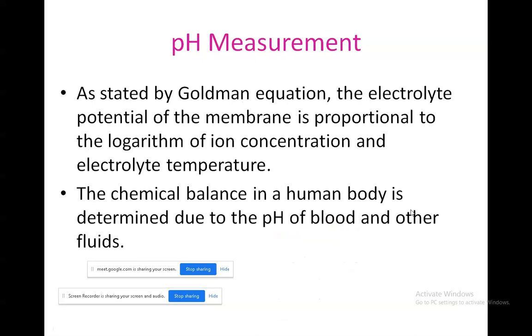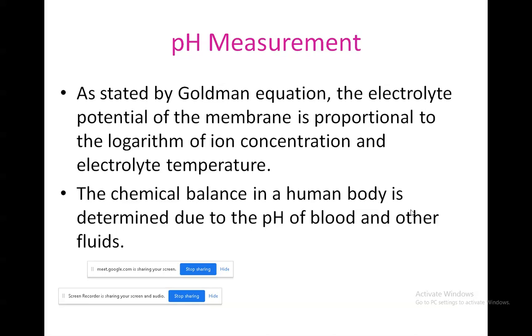As stated by the Goldman equation, the electrolyte potential of the membrane is proportional to the logarithm of ion concentration and electrolyte temperature. Electrolyte is nothing but the substance which conducts electricity.